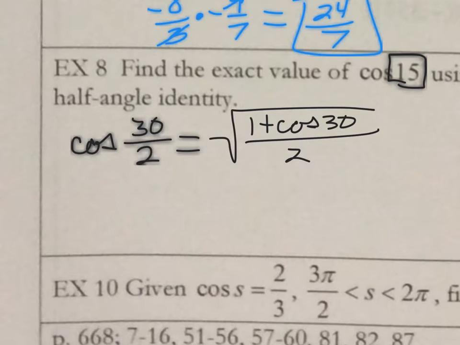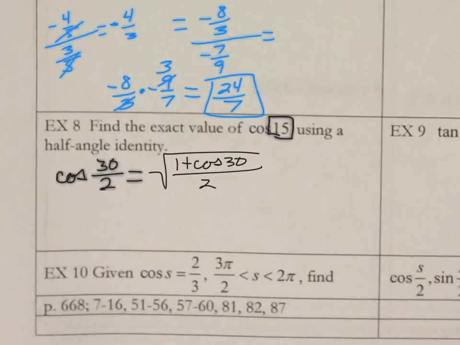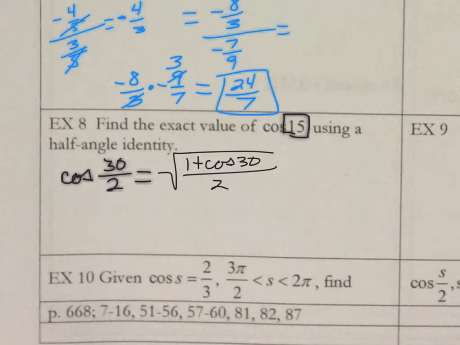Okay, now let's do some simplifying. So that's going to equal the square root of 1 plus cosine of 30, which is root 3 over 2, over 2, which would equal, we'll get common denominators here, so I'll have a factor of 2 down here and a factor of 2 in the numerator.